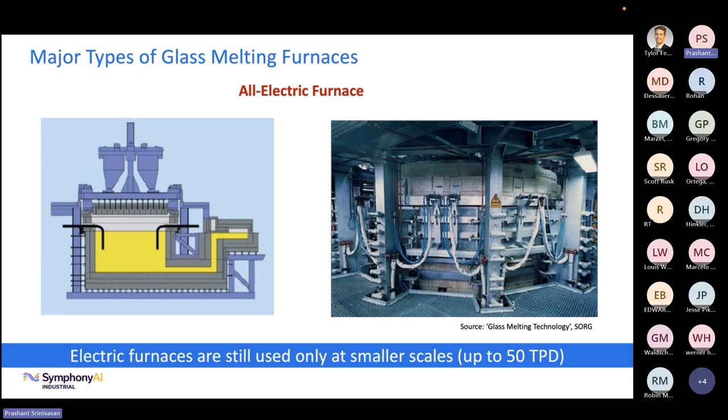So they're still being used only at relatively smaller scales. But you do have a lot of furnaces that have a hybrid configuration where you have gas-fired combustion and also some electric boosting at the bottom to maintain more homogeneous temperatures and use a combination of sources.